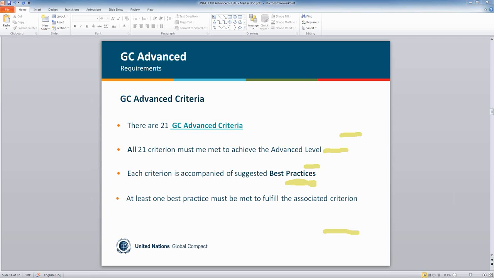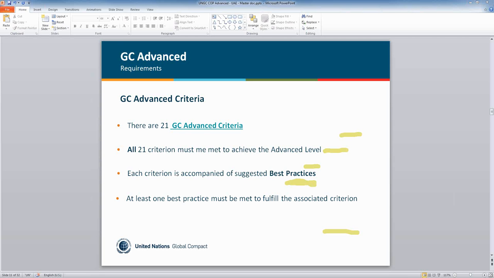In order for a company to achieve the advanced level, they must meet all 21 criteria, all of them. If they meet 20, that report will not achieve the advanced level. It will only achieve that level by fulfilling the 21 criteria.